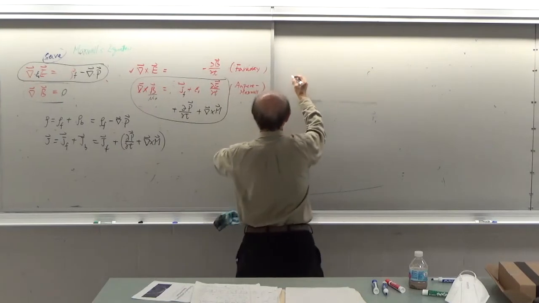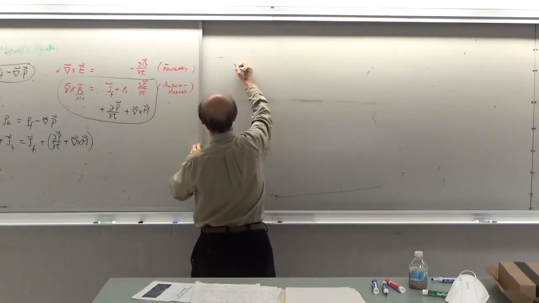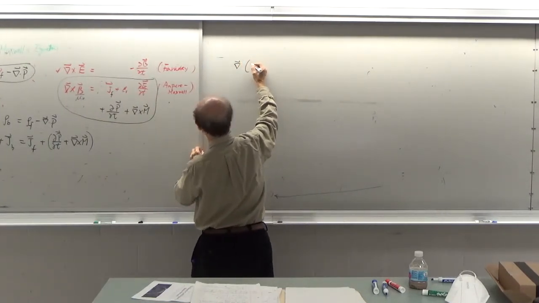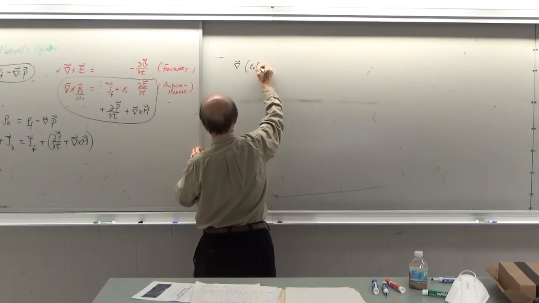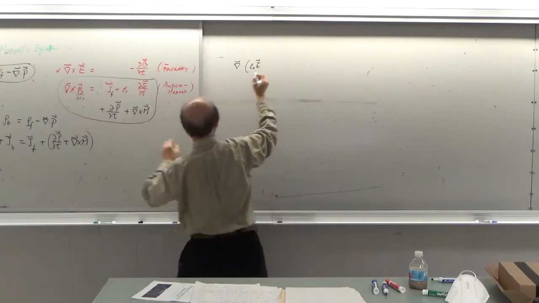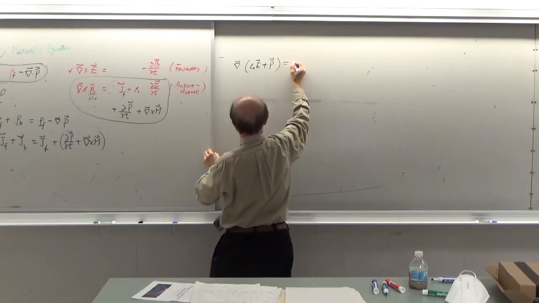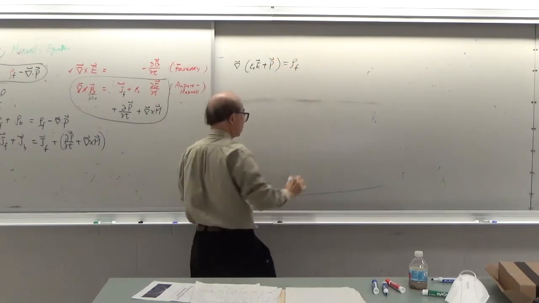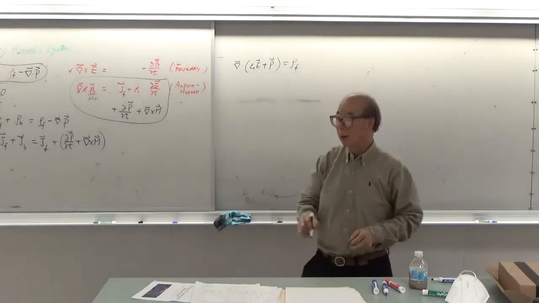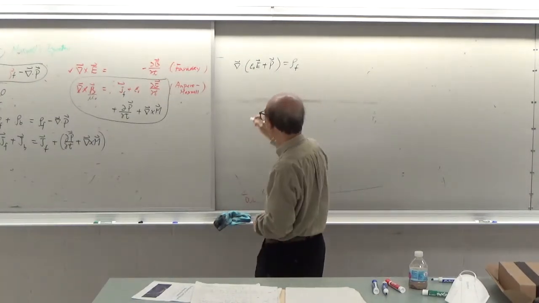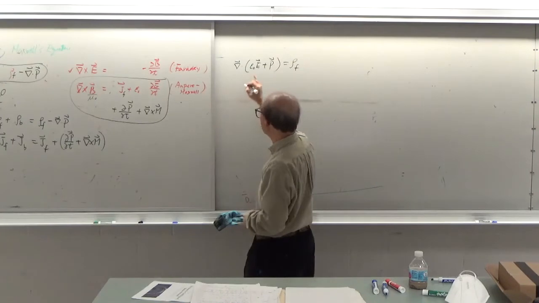And I will have divergence of epsilon naught E plus polarization, that would be the free charge density. And as you recall, you encountered this combination before.